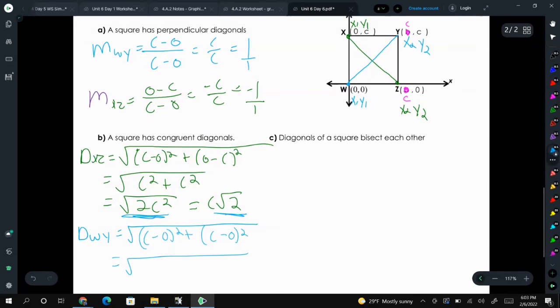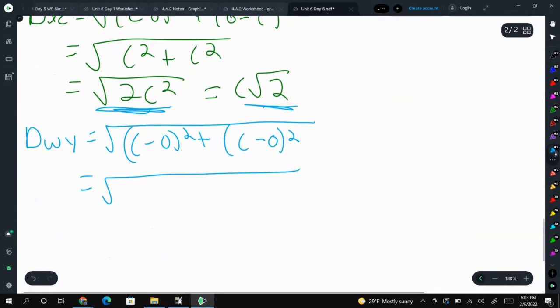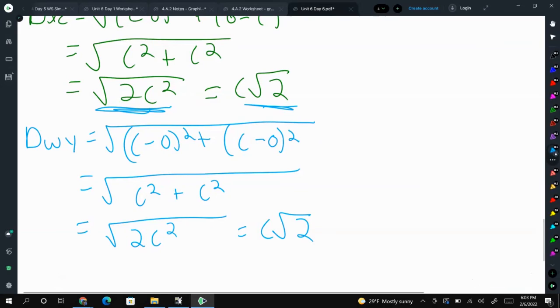Now I can zoom in since I've written the coordinates down. This is going to be c squared plus c squared. And you can see that this is what we had up above. So 2c squared, or c times the square root of 2. The diagonals are congruent. So that means this could be a rectangle or a square.